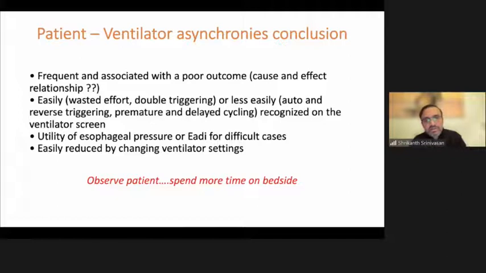Even if you have to sedate, you sedate, but sedation should be the last step. Sedation will not be the first step. The first step will be to identify and fine-tune your ventilatory strategy so that the asynchrony or the demand problem between the patient and the ventilator is matched as best as possible.